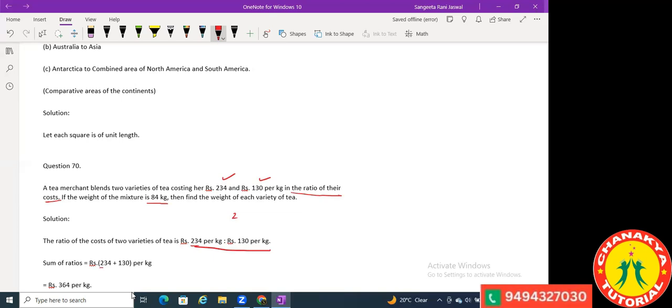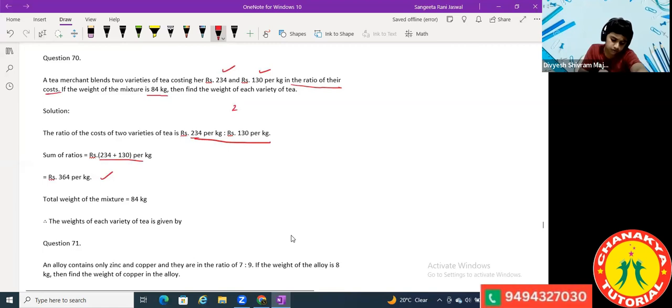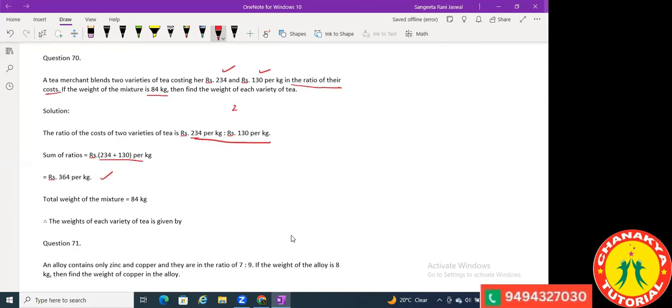Now the sum of the ratios, when you find it: 234 plus 130. That means when you are adding these two costs, the total cost becomes 364 per kg. Now the total weight of the mixture is also given to you, which is 84 kgs. Now how much is the weight of each variety of tea?